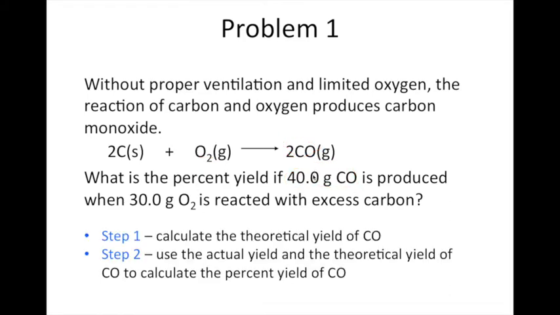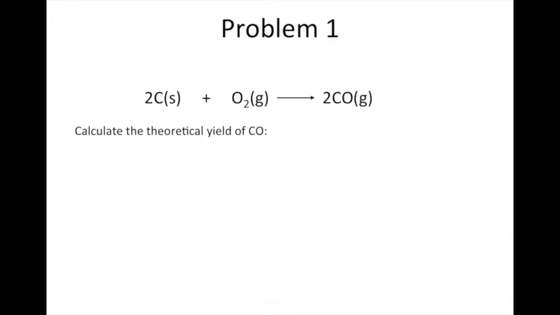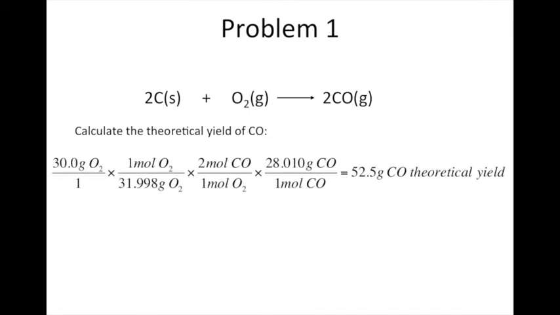Okay. So the first thing we want to do is calculate our theoretical yield of carbon monoxide. And then once we've done that, we can use the actual and theoretical yield to calculate the percent yield. So for the theoretical yield of carbon monoxide, we're going to start with the 30 grams of oxygen that was given. And remember that the oxygen is a reactant, so that can't be our theoretical yield. The 30 grams of oxygen is what we're given. We use the molar mass of oxygen to convert grams of oxygen to moles.